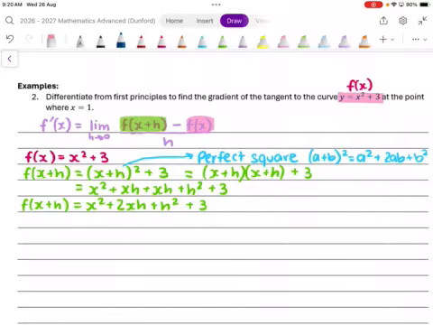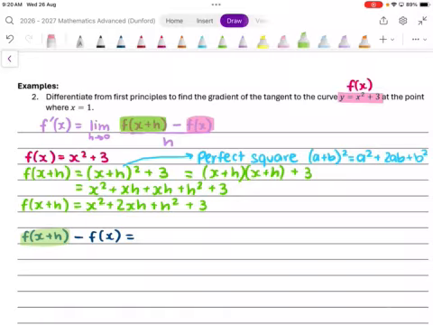Okay, so now that we have what our f of x plus h is expanded, and our f of x equals x squared plus 3, what we want to find is f of x plus h minus f of x before we substitute it into our fraction.